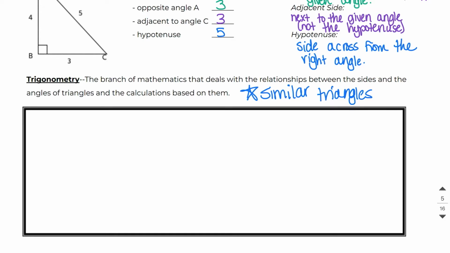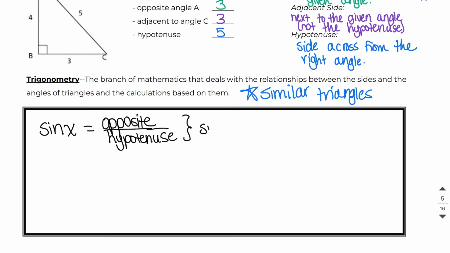The first ratio that we need to define is called sine, and that is going to be opposite over hypotenuse. And I'll explain to you what this all means very shortly, okay? I want you to understand that the real word is sine, but we just take the first 3 letters. We don't pronounce this as sin, it's sine of x, okay? Then we also have cosine. Cosine of x is just going to be written out as cos x.